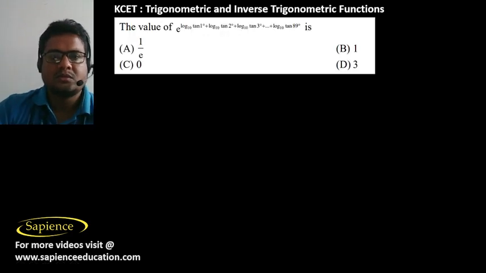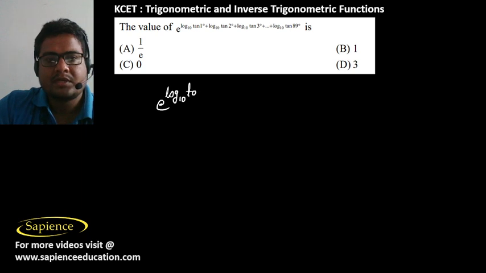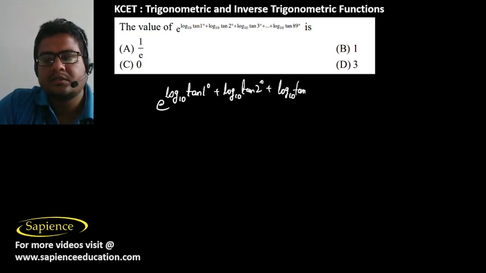Then here it is told to find the value of e to the power log base 10 tan 1 degree plus log base 10 tan 2 degree plus log base 10 tan 3 degree plus dot dot dot till log base 10 tan 89 degree.